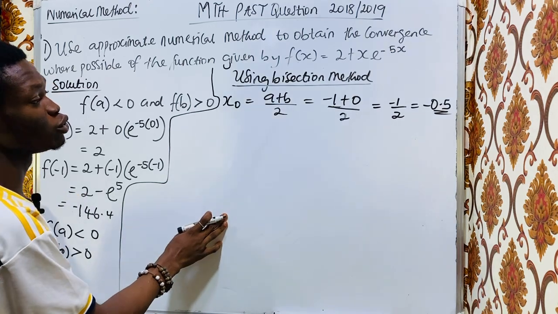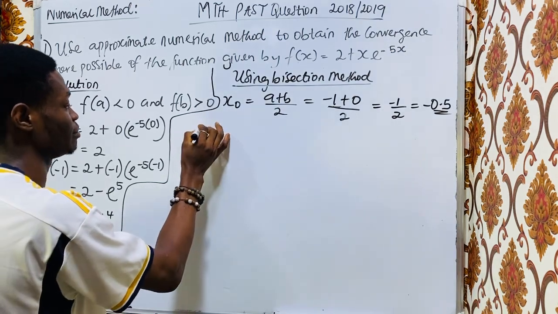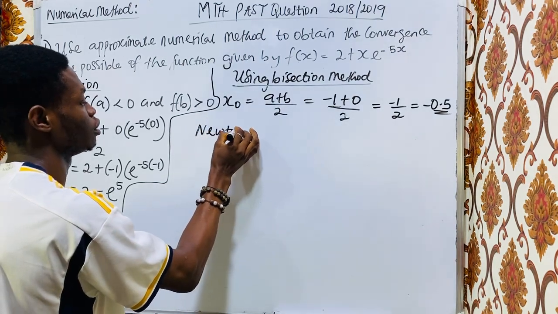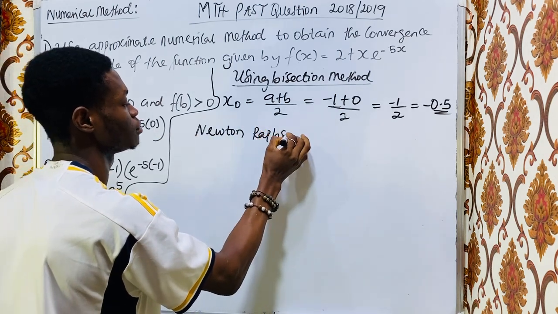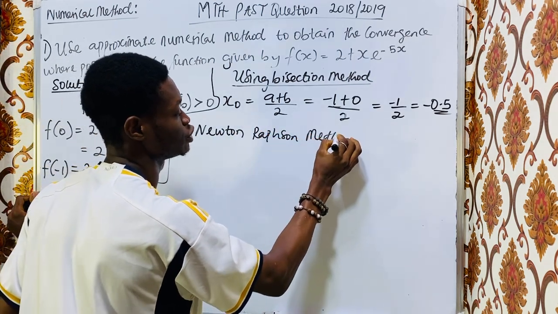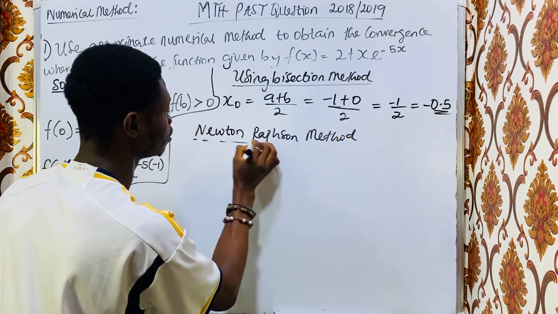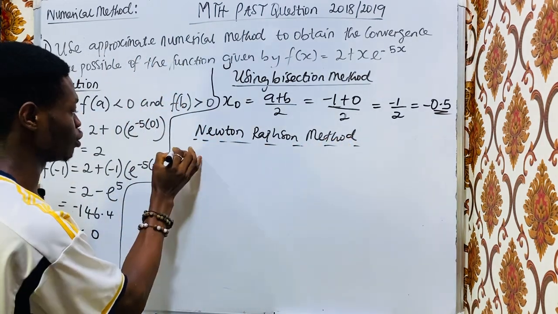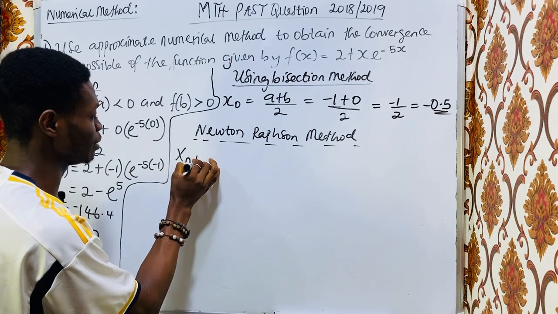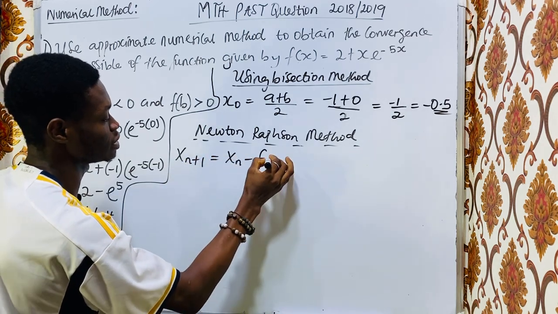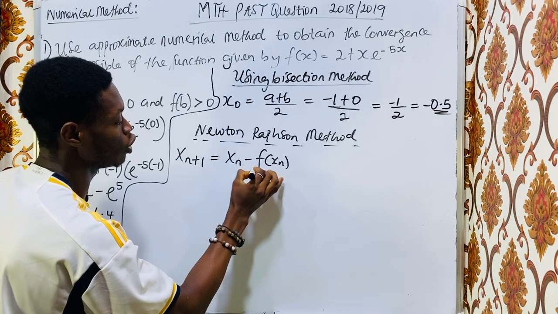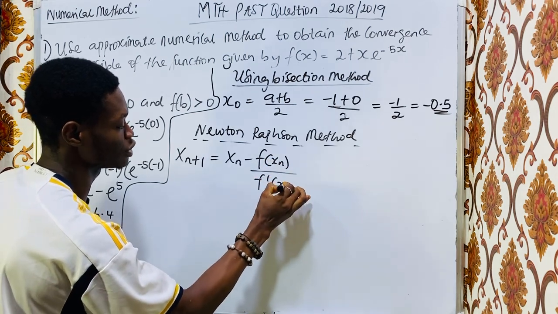So we are going to use the Newton-Raphson method of iteration. Using the Newton-Raphson method, we have the formula x of n plus 1 is equal to xn minus f of x sub n all over f prime of x sub n.